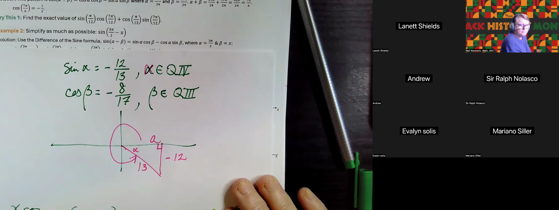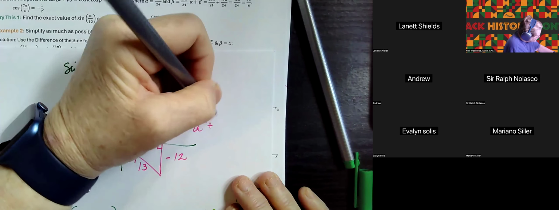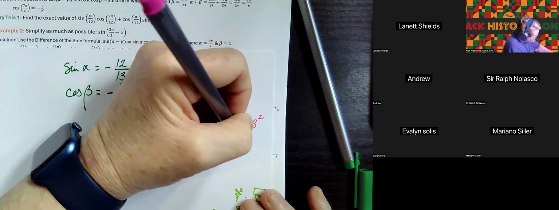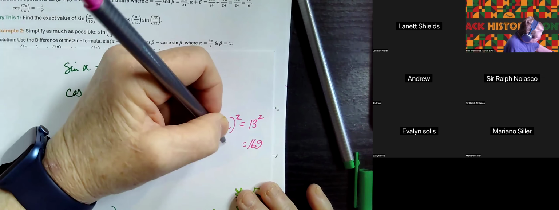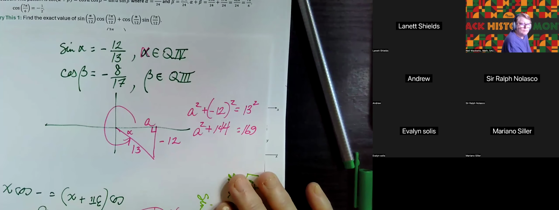Using the Pythagorean theorem. Good. So we know that a squared plus -12 squared is 13 squared. And 169 minus 144. Is it 25? Good.